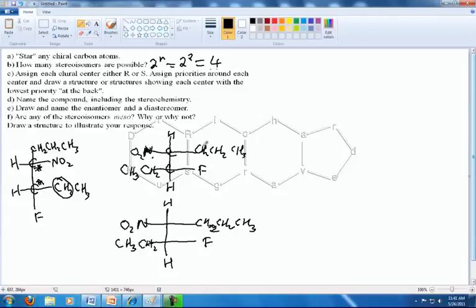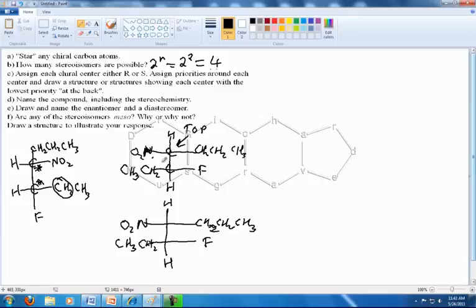Alright, so we're going to look at the top chiral center first, and I'm going to assign priorities to the top chiral center. Alright, top chiral center. First of all we look at what's connected to the C that we're talking about.